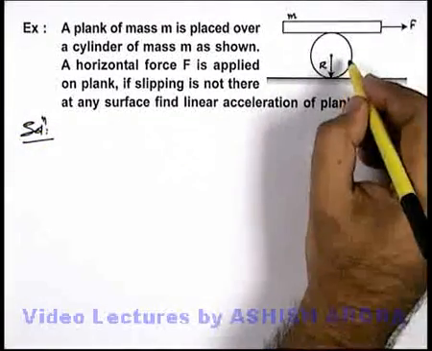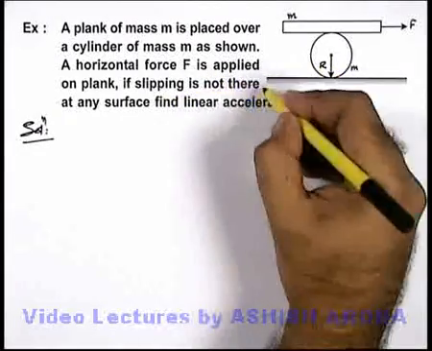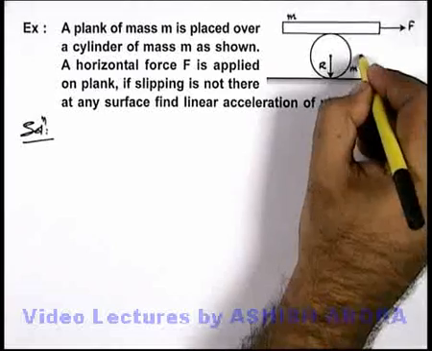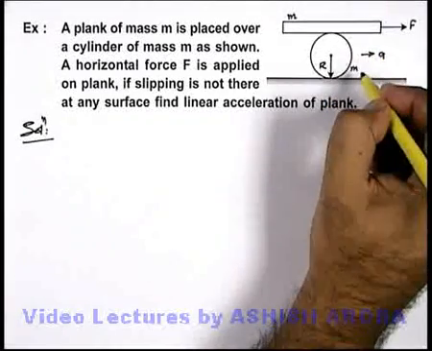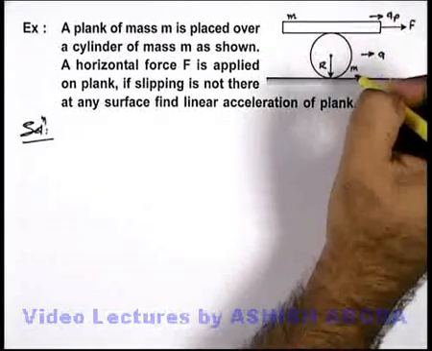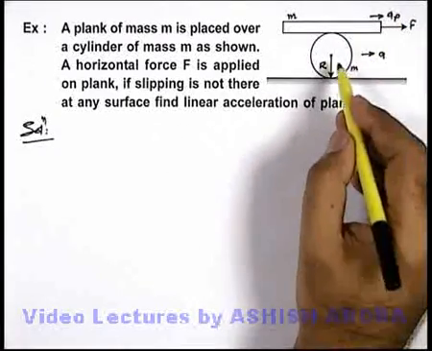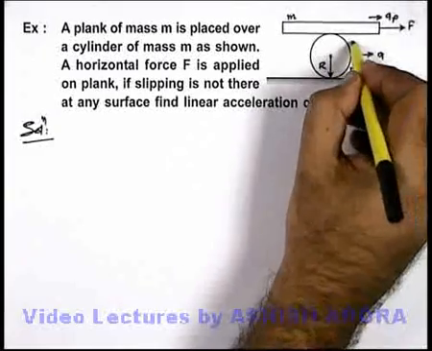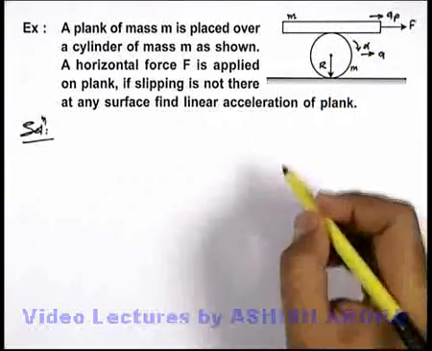If pure rolling is there, as it is written that no slipping is there between any surface, say the cylinder is moving at an acceleration a, and say the plank is moving at an acceleration ap. In this situation, we can easily relate the two, as for the cylinder, say its angular acceleration is alpha.